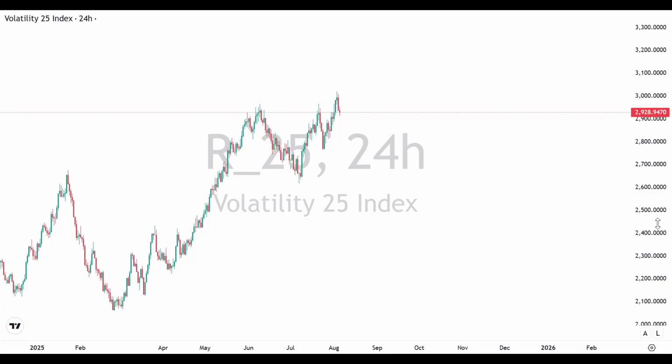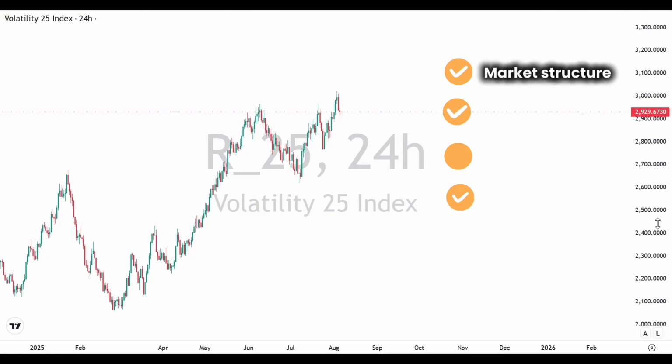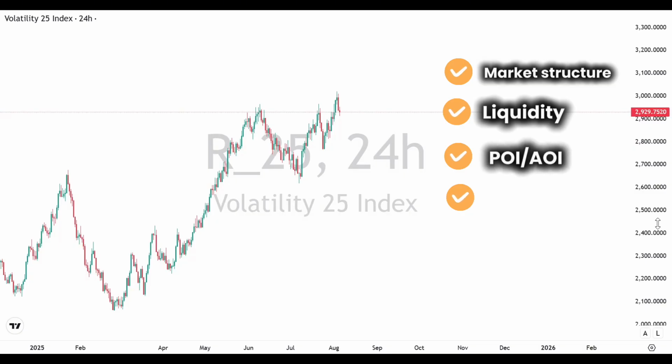So we have 4 checklists that must be filled before you call a particular setup high probability. Number 1, your market structure has to be in place. Number 2, your liquidity should be in place. Number 3, your point of interest or area of interest should be standard. Then number 4, you have to get your entry confirmation.